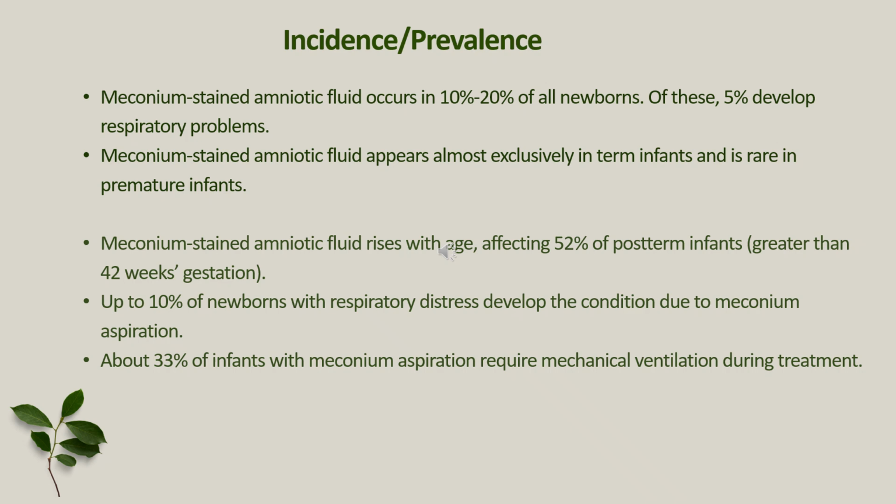And this MAS is more common, about 52% more prevalent, in post-term infants, that is more than 42 weeks of gestation. Up to 10% of newborns develop with respiratory distress due to aspirations, and 33% of infants with meconium aspiration require mechanical ventilation during the treatment.